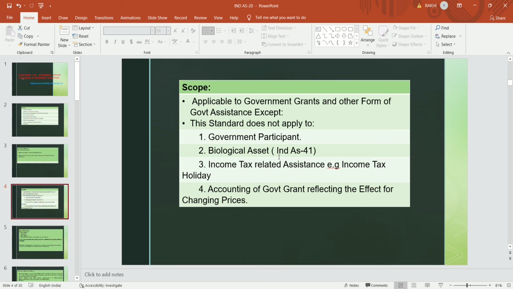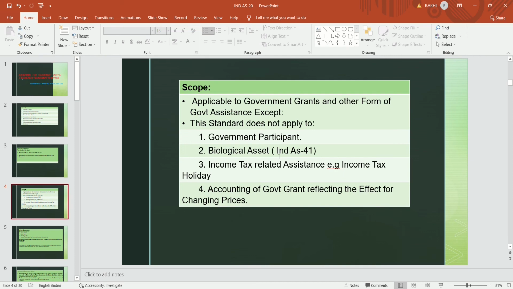For example, the government has given a land in a remote area to a company, saying: I am giving you a 50 lakh rupees land free of cost. You will fulfill the condition over a period of 3 or 4 years, and then take that land free of cost.